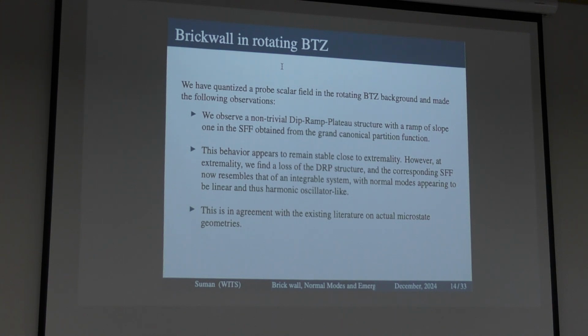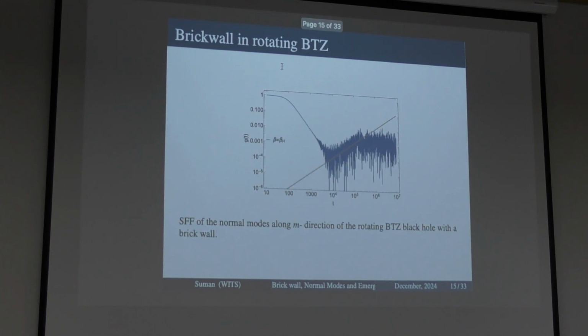And here also, in the extremal BTZ, if you compute the probe scalar, the spectrum is also linear along n and n. So this is the corresponding spectral form factor with the linear ramp when the black hole is not extremal.